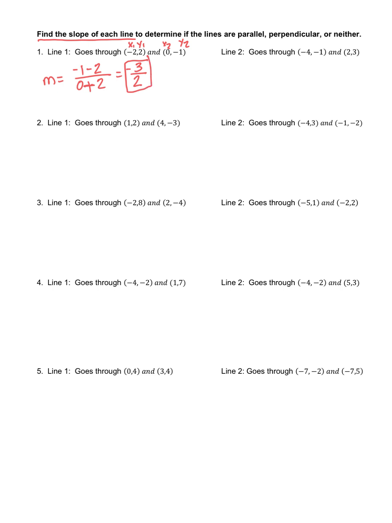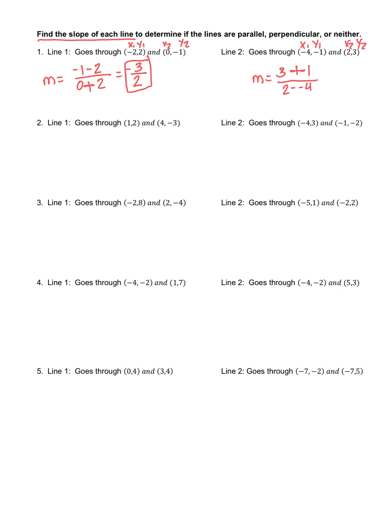Now the slope of line 2, let's go ahead and find the slope here. M equals x1, y1, x2, y2. So we have y2 minus -1 over our x2, which is 2, minus our -4.